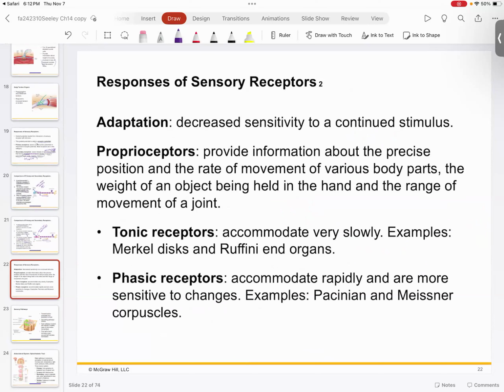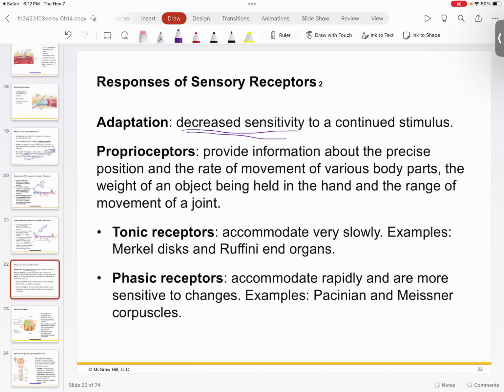One of the interesting things that we see in receptorology, if you will, is adaptation, where you have constant exposure to a stimulus, but then you start to accumulate decreased sensitivity.